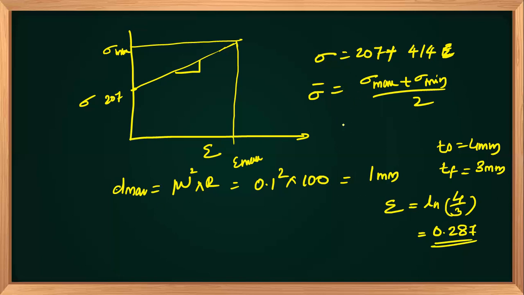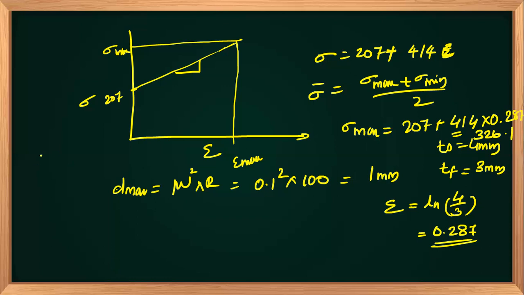So what will be the sigma max? This is a true strain, right? 0.2787 multiplied by 414 plus 207. It will be 326.1. 326.1 is the maximum, and 207 is the minimum. And what will be the average?